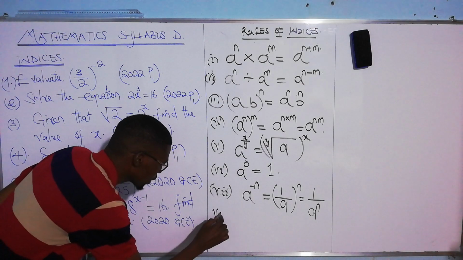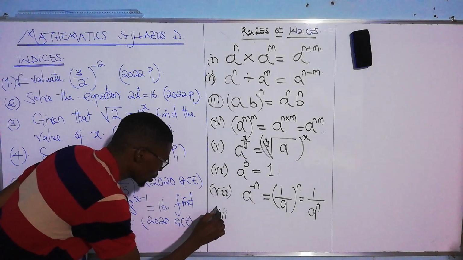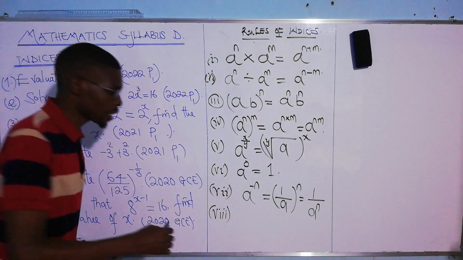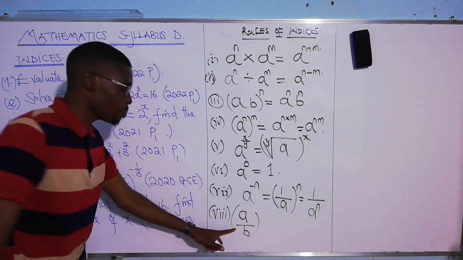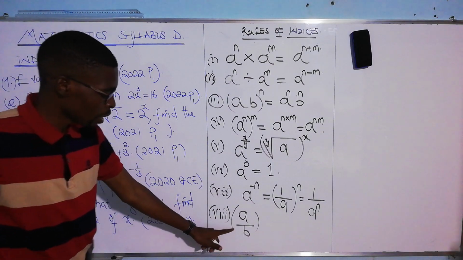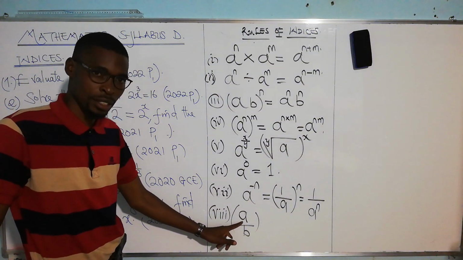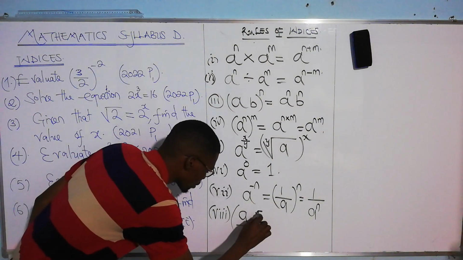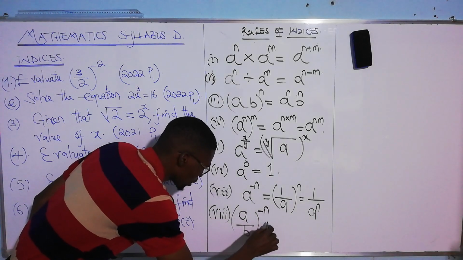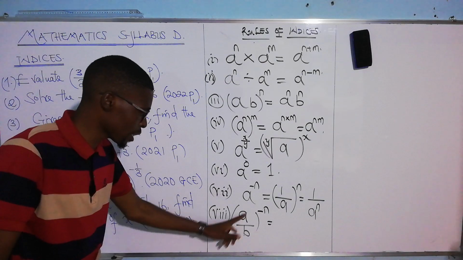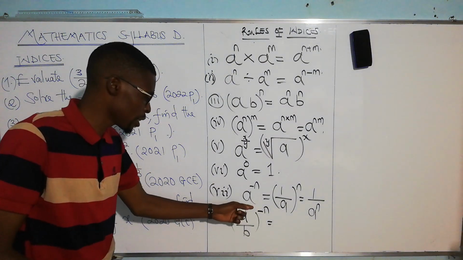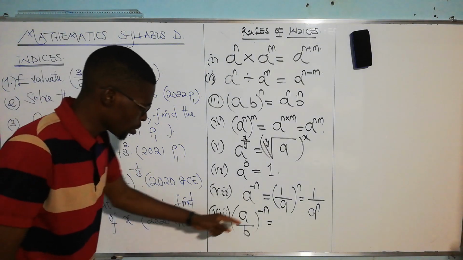Similarly, this can lead us to another rule, which tells us that when we have a over b, so our base here now is a fraction, to the power negative n, this is going to be equal to, you reciprocate, just like we did when we had just a whole number or a decimal.